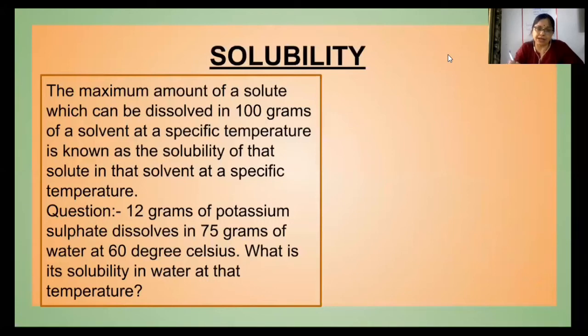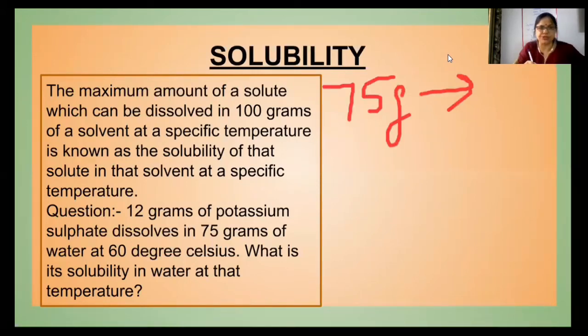12 grams of potassium sulfate dissolves in 75 grams of water at 60 degrees Celsius. What is its solubility in water at that temperature? 75 grams of water dissolves how much potassium sulfate? 12 grams.